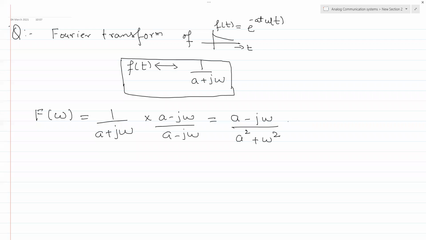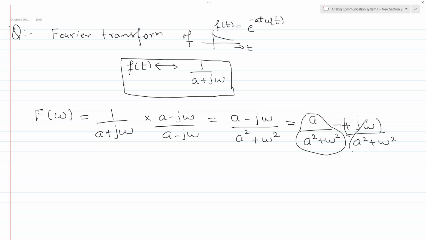Done? Please respond. So it's a divided by a square plus omega square plus j. It's not plus, it's rather minus. You write like this, minus j omega divided by a square plus omega square. So what you conclude from here, that you have some real part. This is the real part of Fourier series, and this one is its imaginary part.